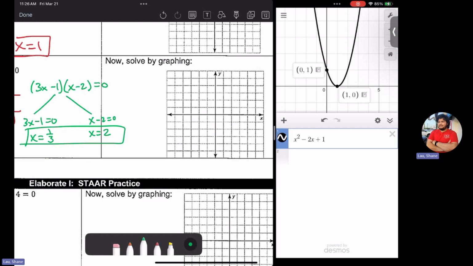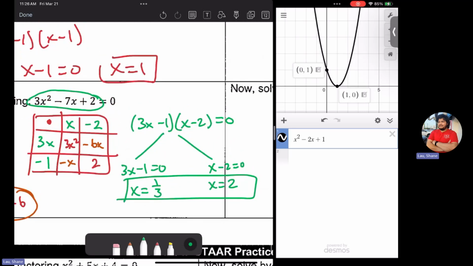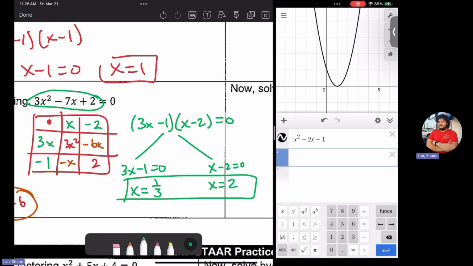They're my solutions. So x equals 1/3 is about there. X equals 2 is about there. I will guesstimate the graph to look something like that. Okay. And again, in theory, if I plug in my original 3x squared minus 7x plus 2, I should get the exact same equation as my factored form.